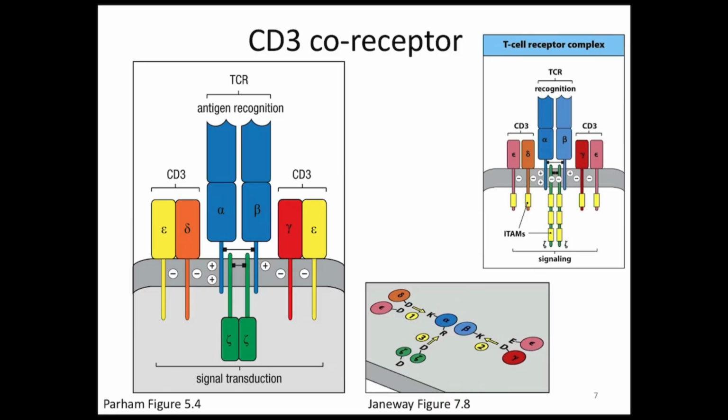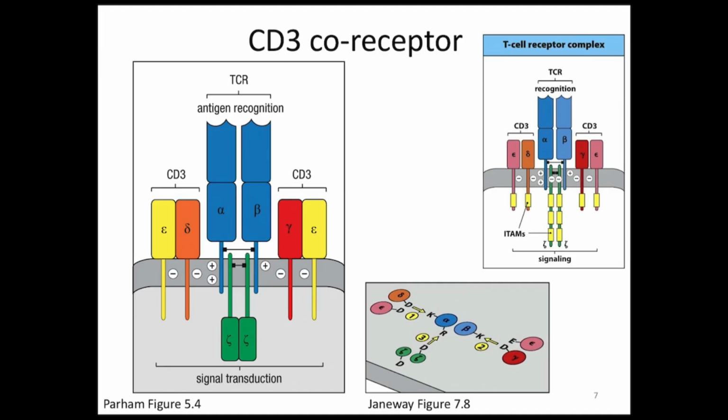Those are all protein domains called an ITAM. And you guys have seen an ITAM before. We actually talked about Ig alpha and Ig beta with the B cell receptor. They actually have a lot of similarities to CD3.